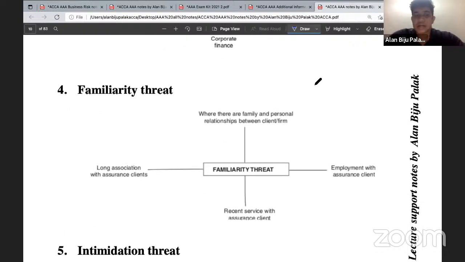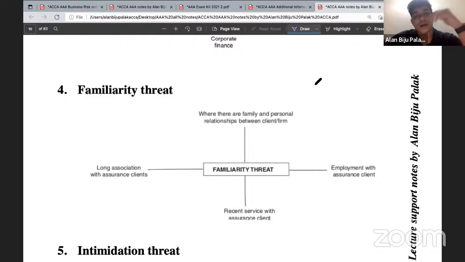Then familiarity threat. Basically, the familiarity threat arises where the auditor has a close relationship with the client company, or with the parties that are involved in the client company. Again, when there is an auditor's personal or professional relationship in the client company, automatically there is a possibility of having familiarity threat. Say, for example, I have been employed in the client company for 5 years as part of the audit team, then automatically there is a common relationship between them.